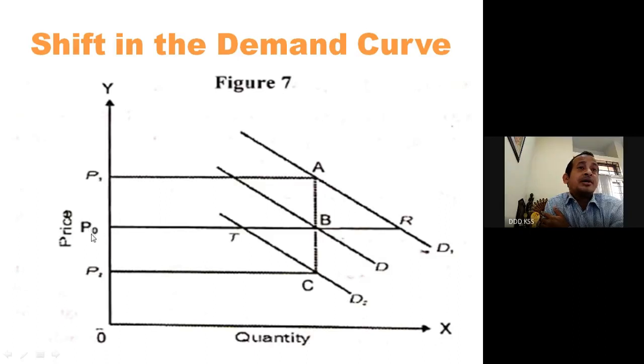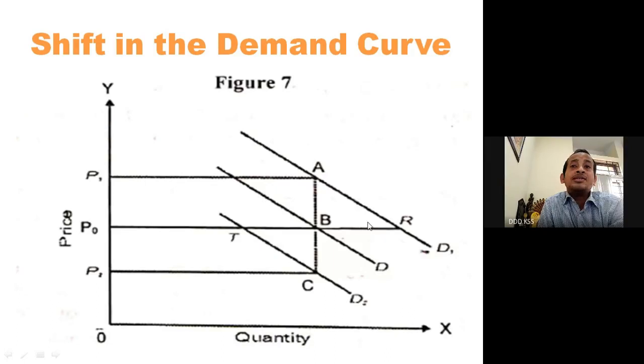If we consider the original price is PO, then D is the demand curve. Now if we think demand increases, this is D1. So demand increases to D1. This is the D1 demand curve.